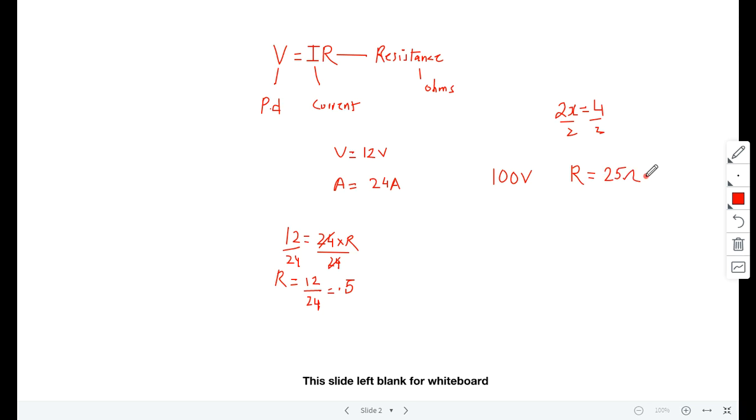So 100 divided by 25, current will be 4 amps. Yes, that's correct.